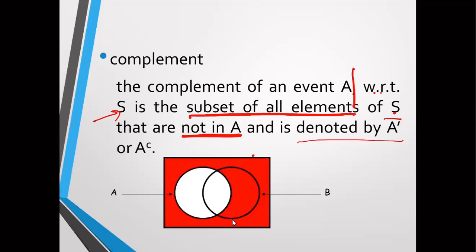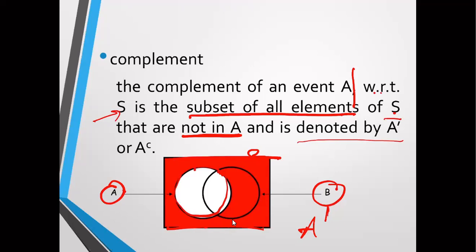Here I have given you the graphical representation of complement. For example, here we have the sample space, capital S. There are two events, A and B. The first circle is for A and the second circle is for event B. If we want to find A dash or A complement, that means all the elements of the sample space that are not in A. You can see A dash in red color in this region, in this Venn diagram.